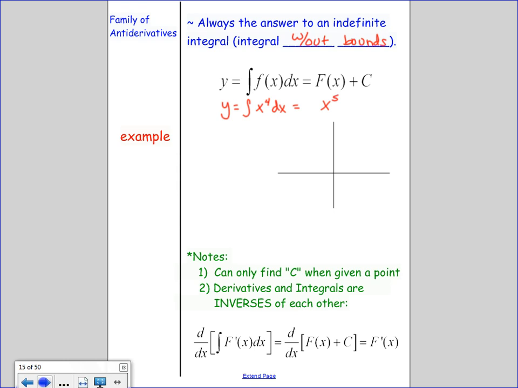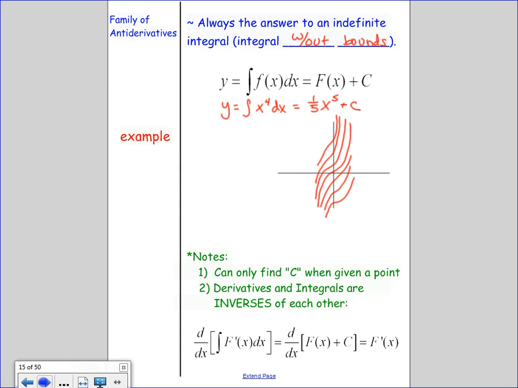But when the 5 comes down, uh-oh, he's not there, so what must be waiting for him? Got it, plus c. So if I have x to the 5th plus c, x to the 5th looks kind of like a cubic, just a lot skinnier. Anyway, all the different plus c's, now they're infinite, so I'm not even pretending that I can draw them all right now. But they're all going to have the exact same shape. They're going to be translations of each other.